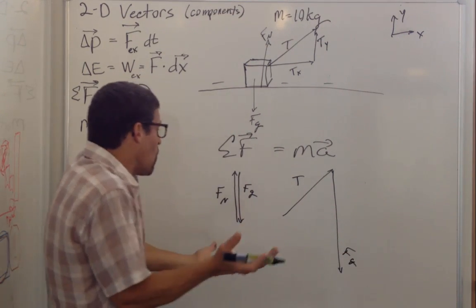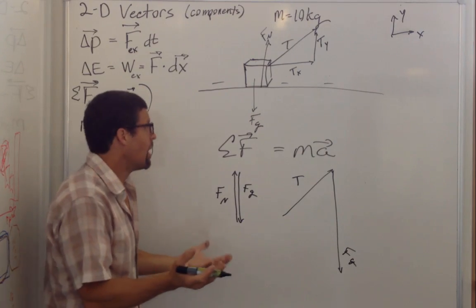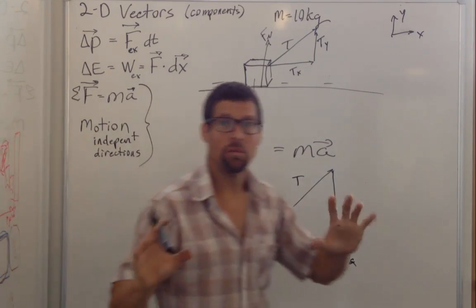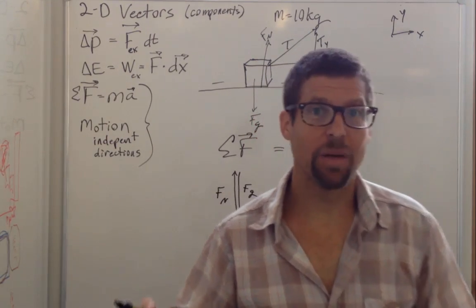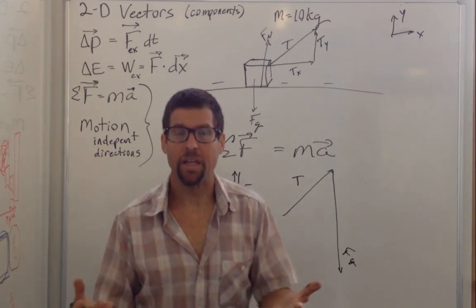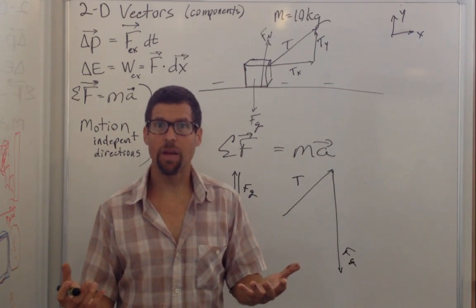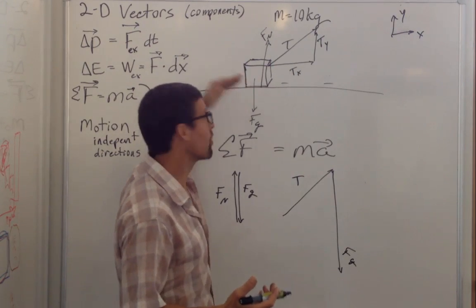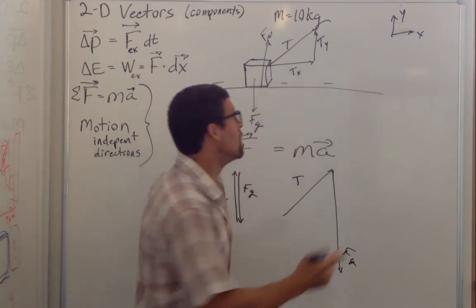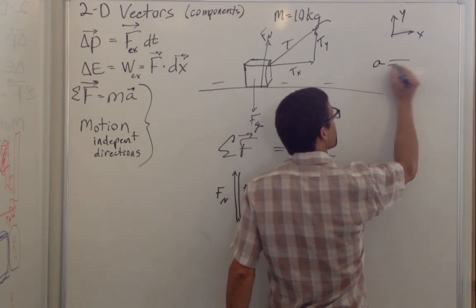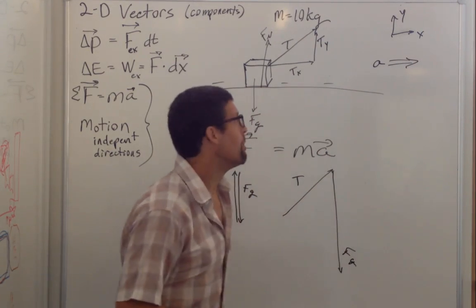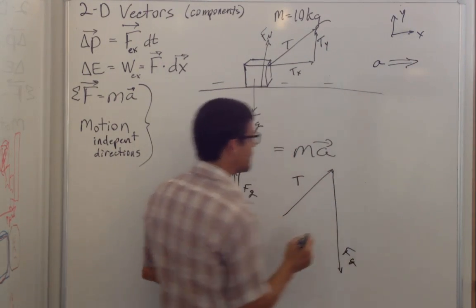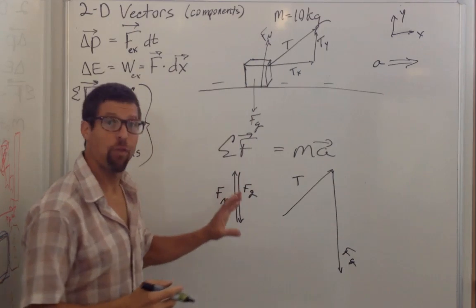And the thing is, I don't know what the normal force is, but this is a dynamics problem, so I have to ask myself: what is the direction of acceleration? I can see this box is not going to accelerate upward or downward. It's accelerating this way. So I'm going to write here that the acceleration is in this direction, because that tells me that is the direction of the sum of the forces.